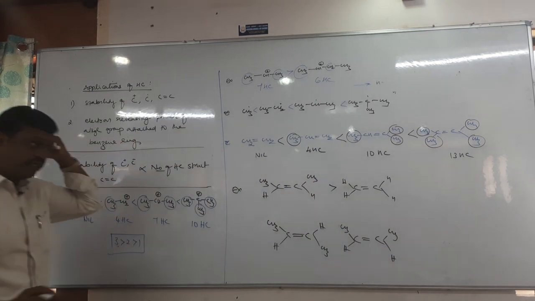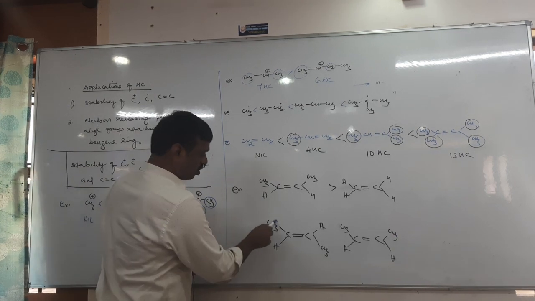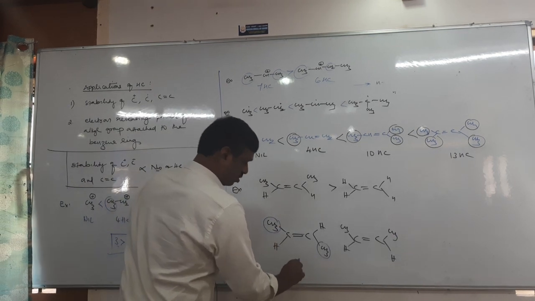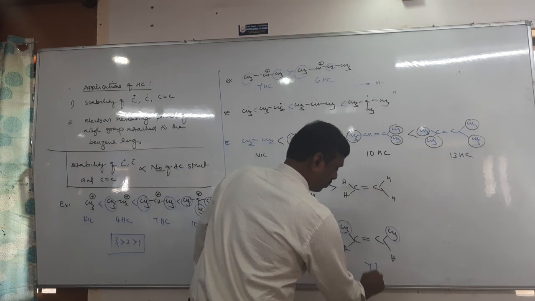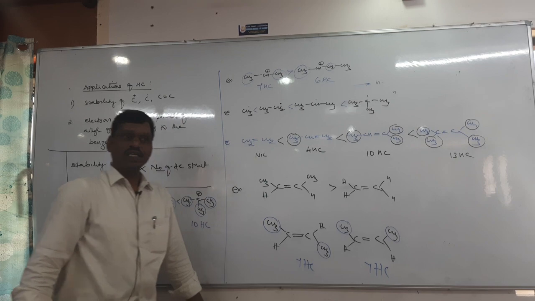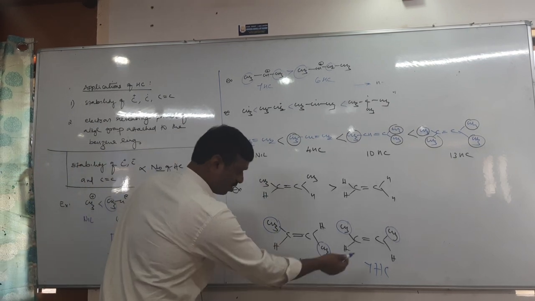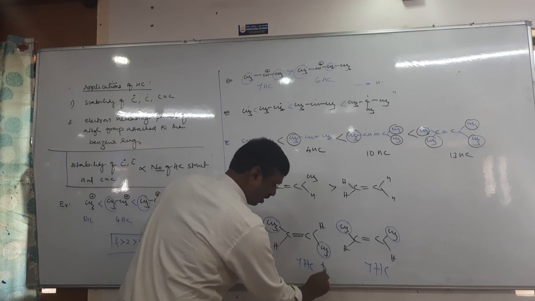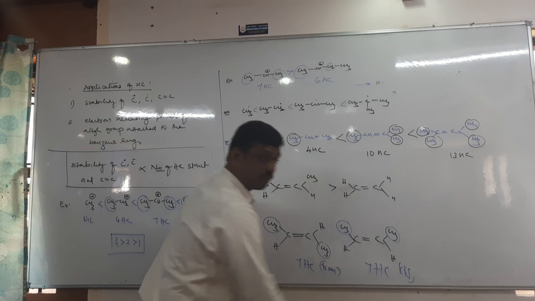Which is more stable? Hyperconjugations: 3 plus 3, 6, 7 hyperconjugations in both. So the number of hyperconjugations is the same, but one is cis and another is trans. Which is more stable?